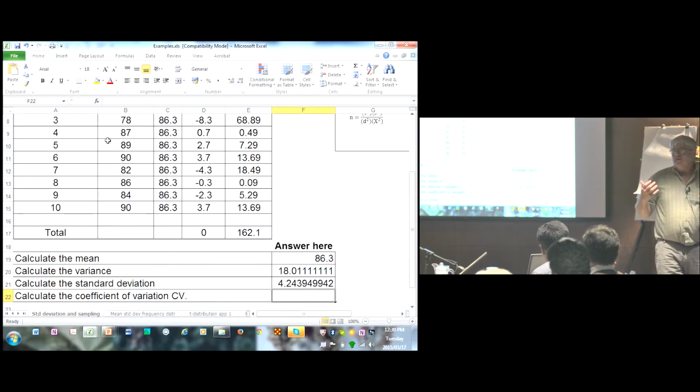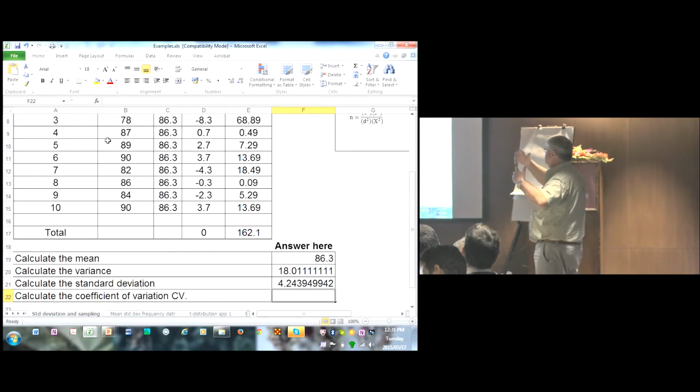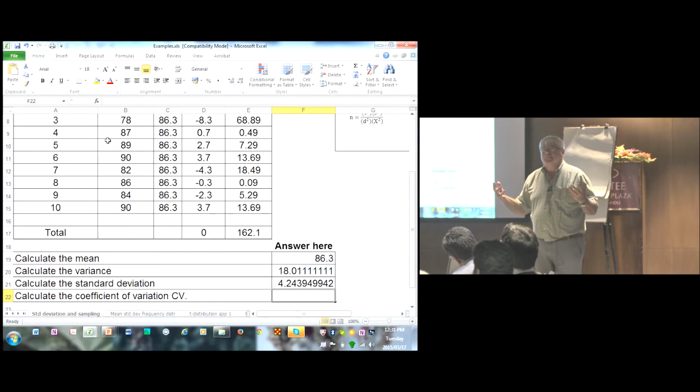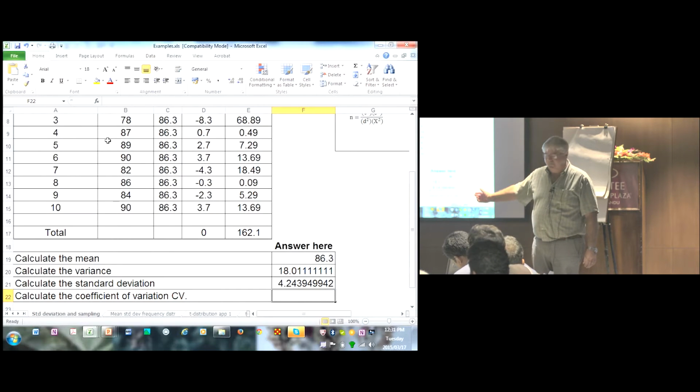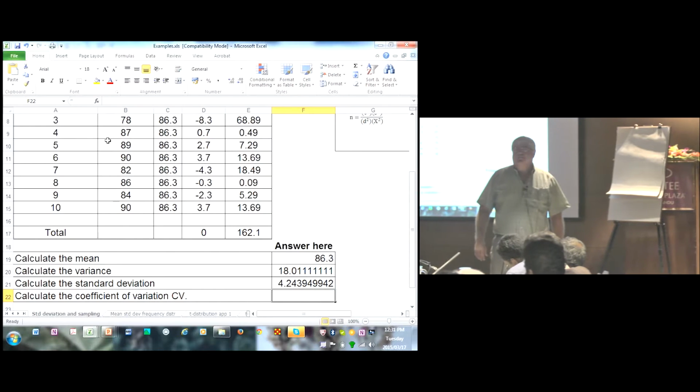So when you're trying to look at the properties of a population based on the sample, you can do it very easily in Excel. You don't even need a stats program. I did talk about the coefficient of variation.